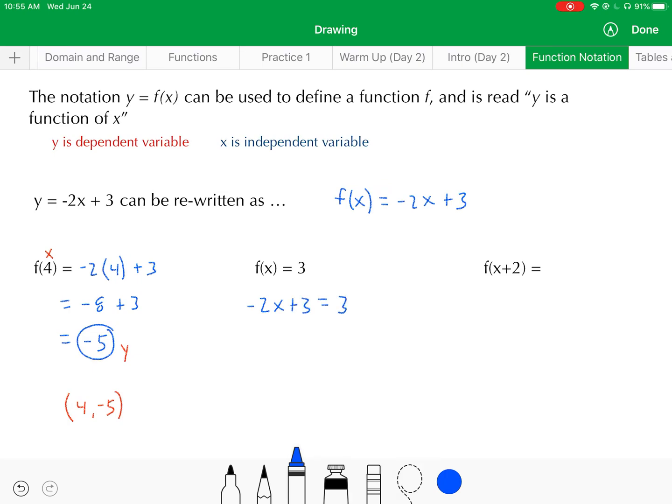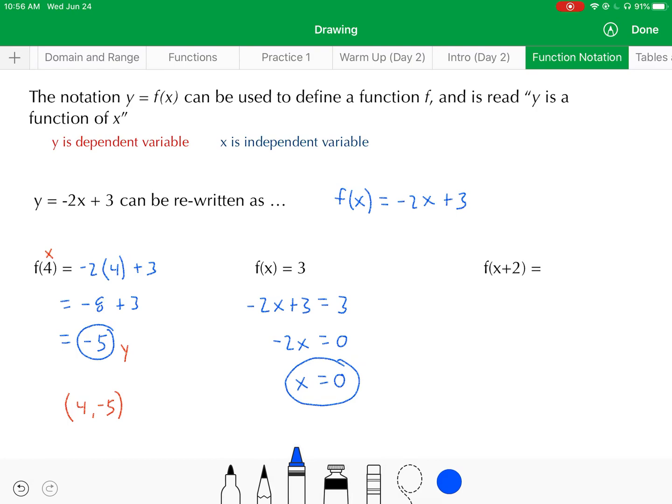So I'm going to substitute that in on the left side there, just set it equal to 3, and now I'll solve for x. Okay. Subtract the 3 over, you get 0, divide by negative 2, still 0. Okay. So basically what this is saying is that in order for your y to result in 3 for this particular function, your x value has to be 0.